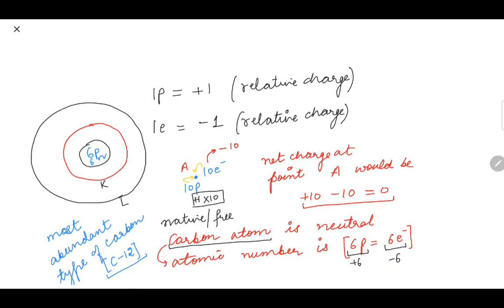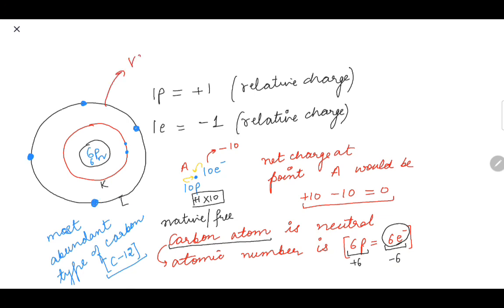Okay, so how do you think that these 6 electrons would be spread across the two orbits? So we would have 2 electrons in the K shell and we would have 4 electrons in the valence shell. Are you understanding my point? So we would have 4 electrons in the L shell. And I suppose you can see that the L shell is the valence shell here.